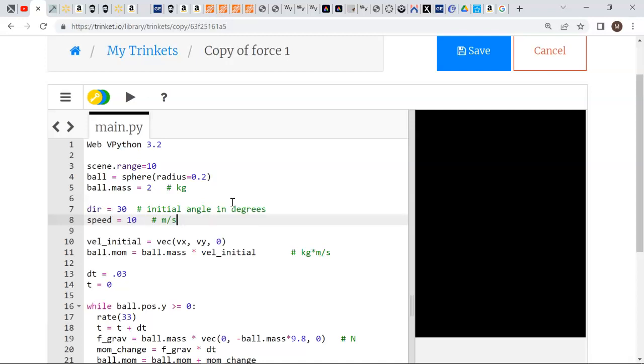So now the question is, how do I convert from this, which is one way of describing a vector, its size and direction, to the other way of describing its components, how much is in the x, how much is in the y, because x and y are independent. That's the power of vectors. So you can draw a little picture. If this is not familiar to you, look in the book.